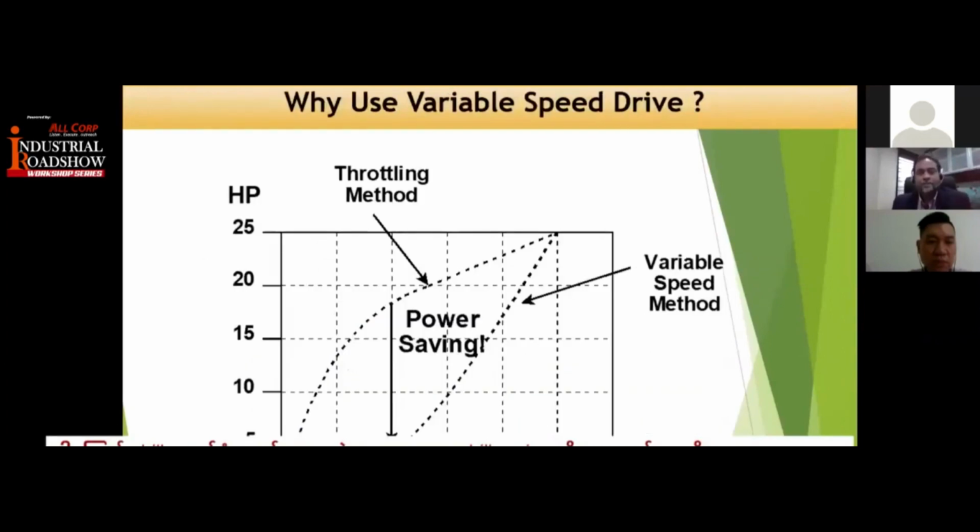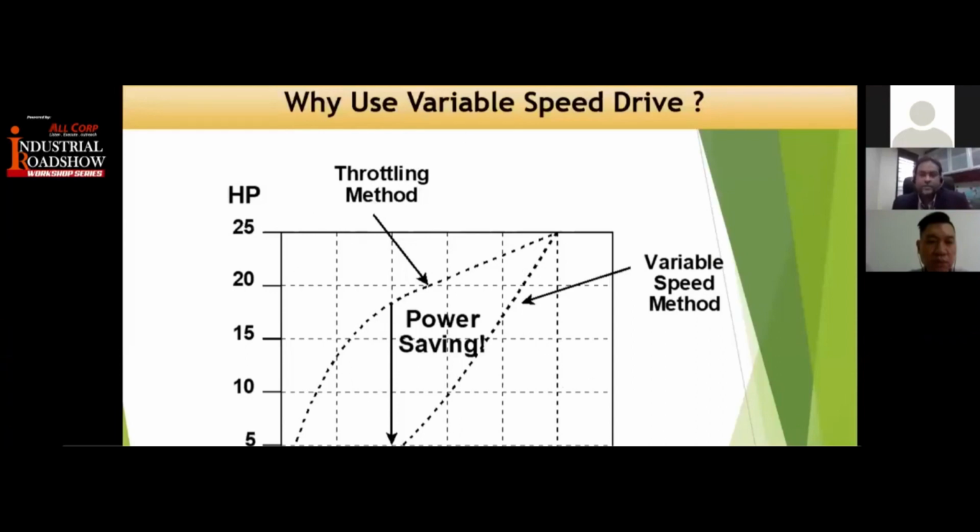Most of the places you see, sometimes in the chiller plant, you'll see the chiller pipes closed halfway or 45 degrees. So they are using a throttling method, no? That's why for pumps we use a variable speed drive, which is very commonly used. You can see here if you use 100% flow, you are using almost 25 kilowatts.